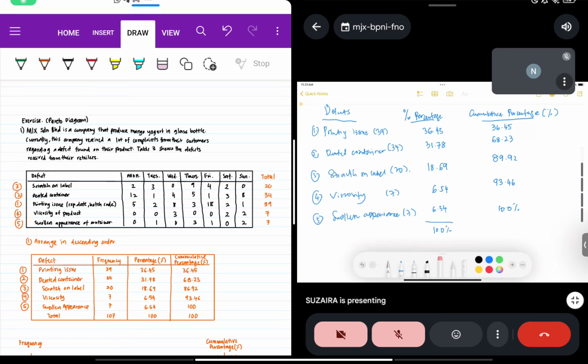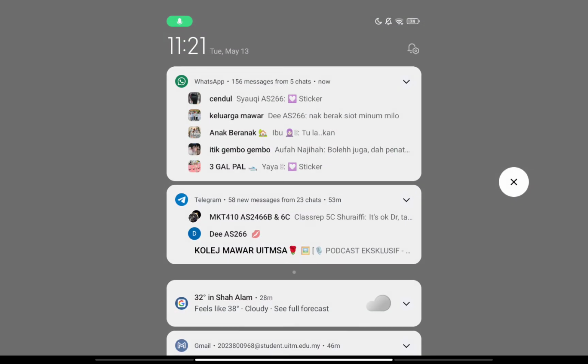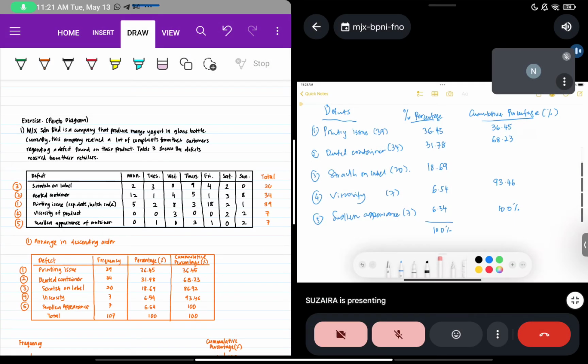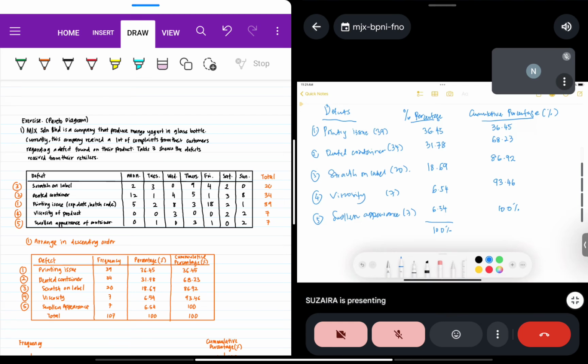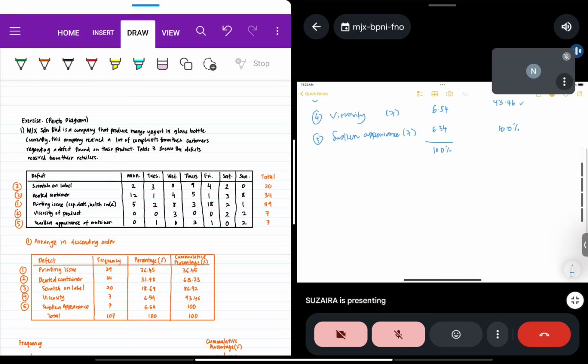Here. 86.92. Plus with the one below, is that correct? 6.54. Below that is 93.6. Alright. Plus with 6.54. Okay, this one is correct now, right? The others are correct.